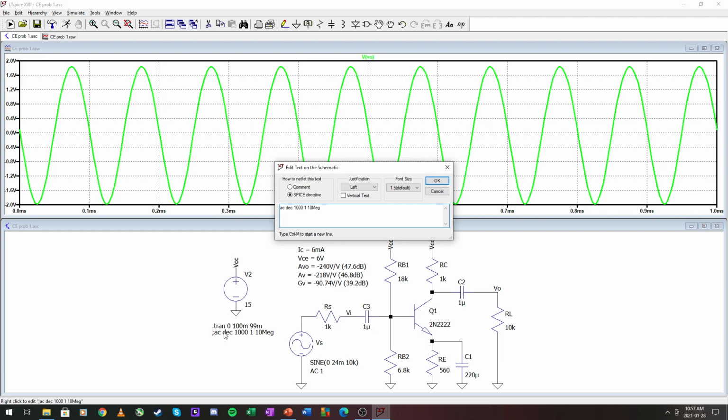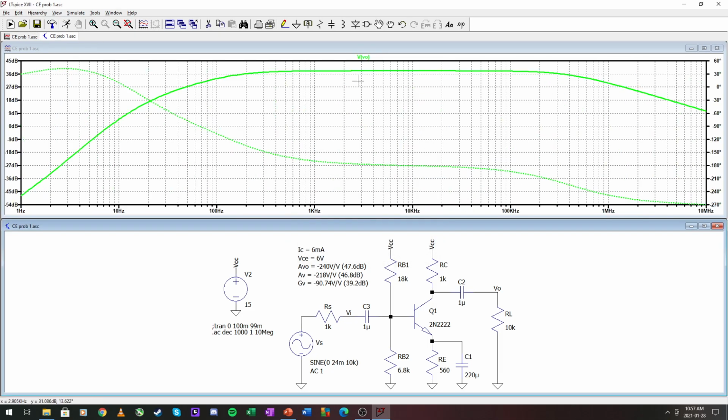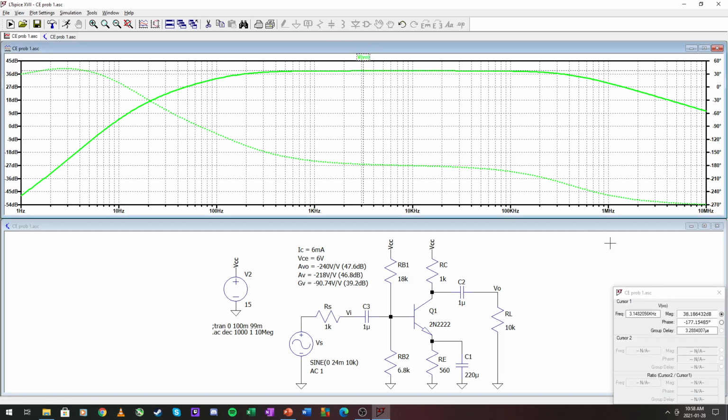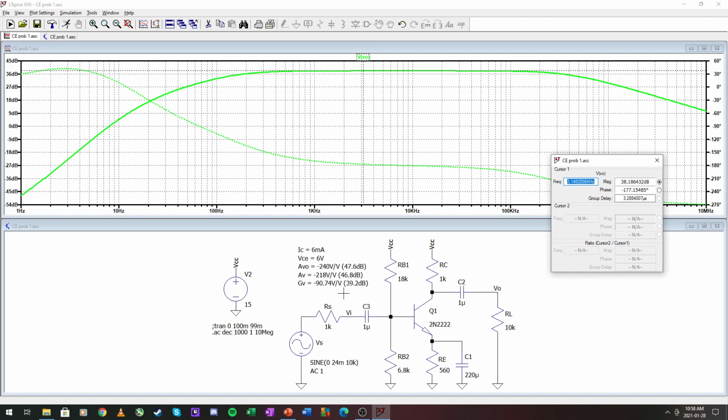Okay, let's check our gains if we reached our other design specs. Okay, this is our loaded gain or our total gain, so that should be our Gv. That gives 38.1 decibels, so that is a tiny bit less than we designed for, but it's close enough.